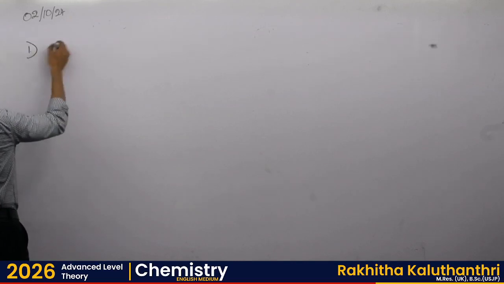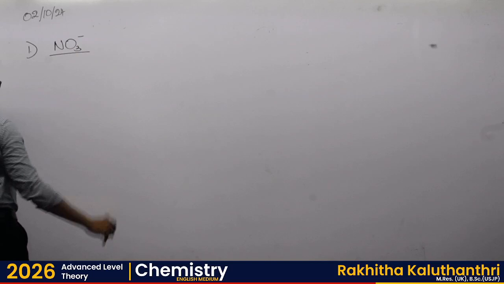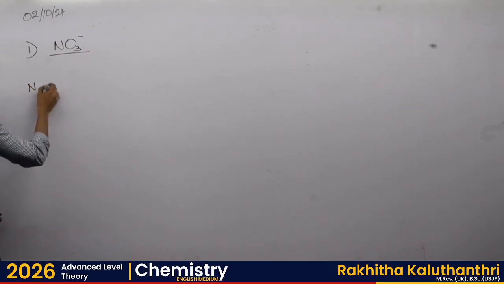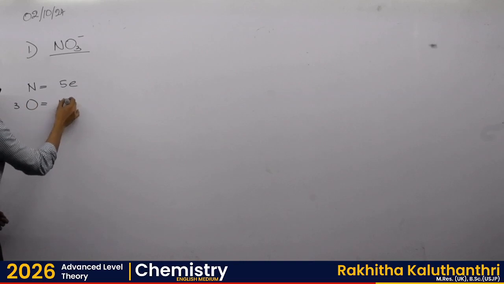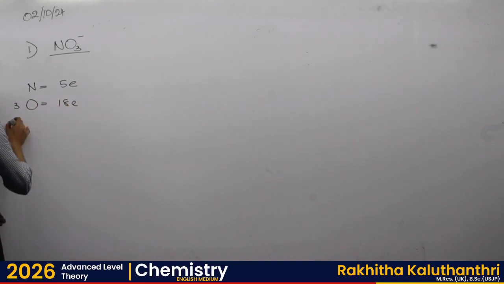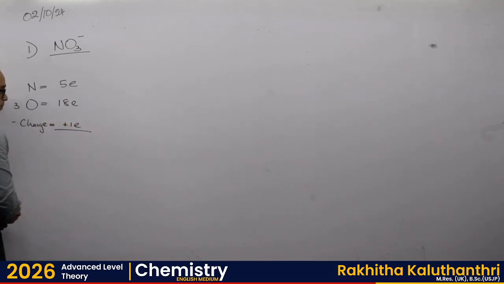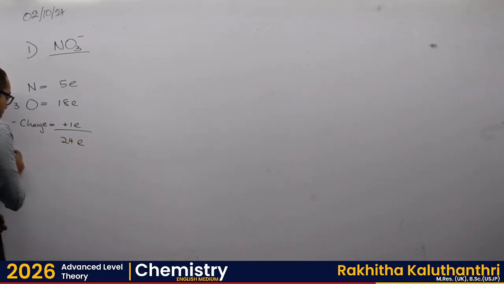So nitrate ion, NO3 1 minus. If you are drawing the Lewis structure, nitrogen has 5 electrons, oxygen brings 6 each, so therefore 18 electrons. 1 minus charge brings 1 electron. Altogether 18 plus 5 plus 1 is going to be 24 electrons.